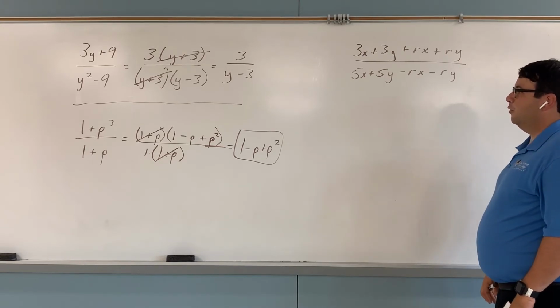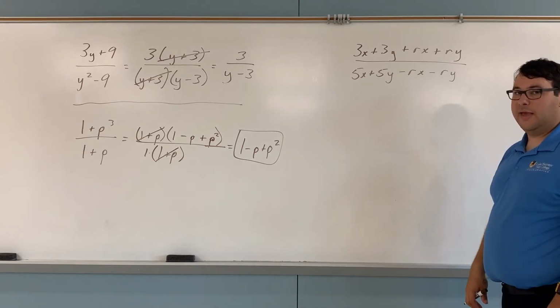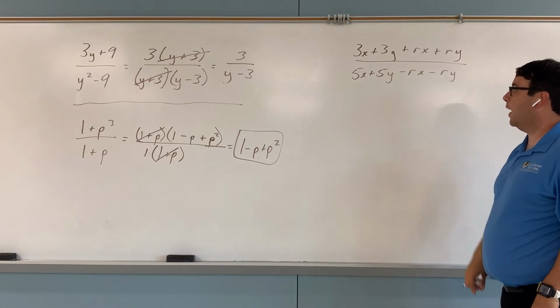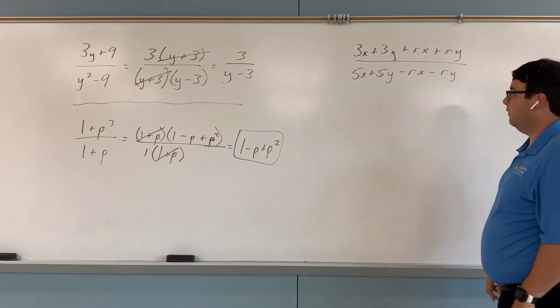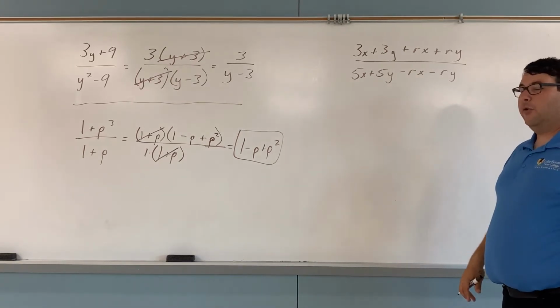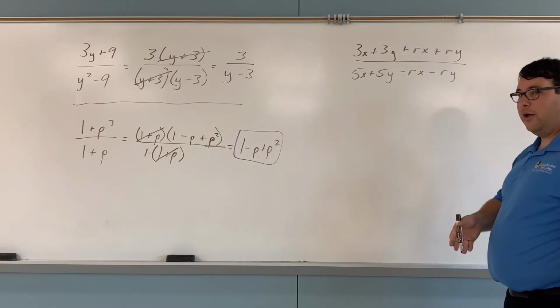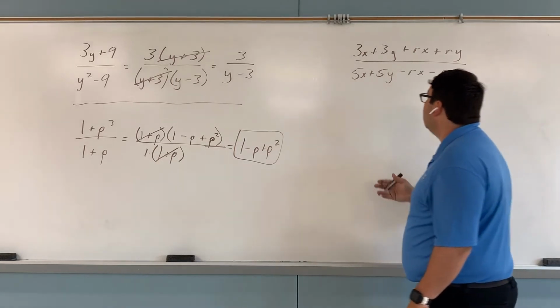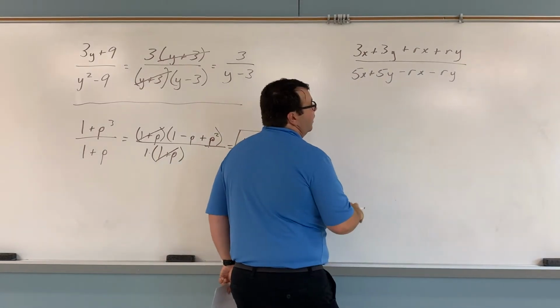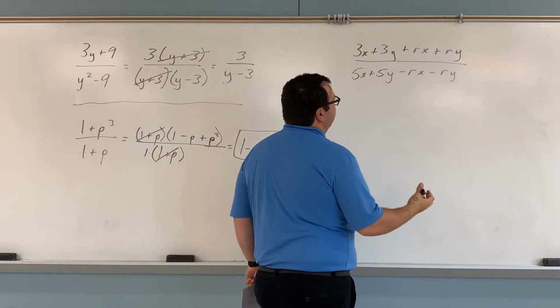Remember, check for a GCF first. I don't have one in either numerator or denominator in this case. With a 4-term polynomial, this is where you have to play Math Ninja. Cut it in half. Look for a GCF in the first half, look for a GCF in the second half. That is your factoring by grouping method.